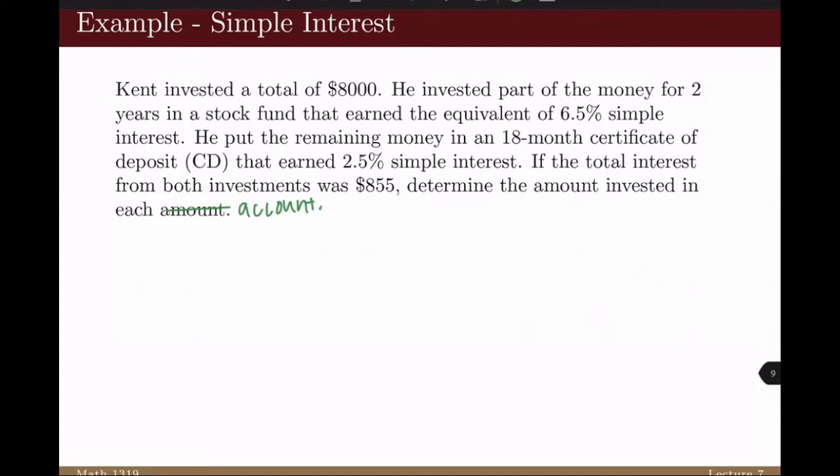Okay. So you can either choose to assign your variable to the amount invested into the stock or the amount invested into this CD. But I'm going to choose the stock. I'm also going to make a table because I just think tables are nice. So let's do principal, interest, right?